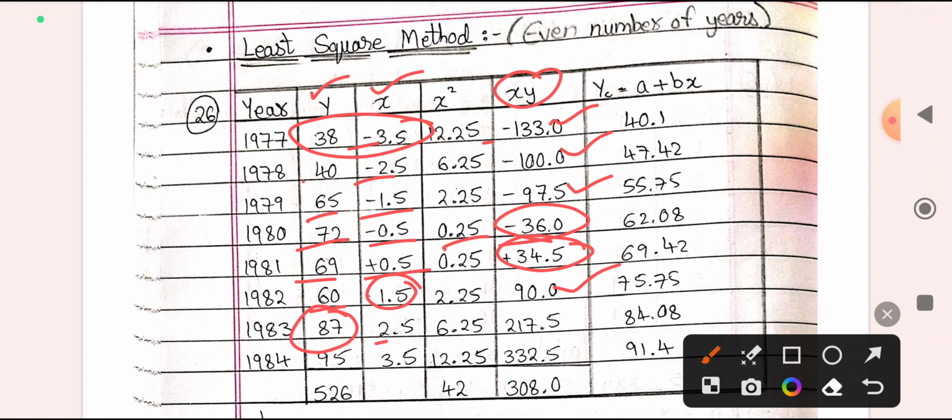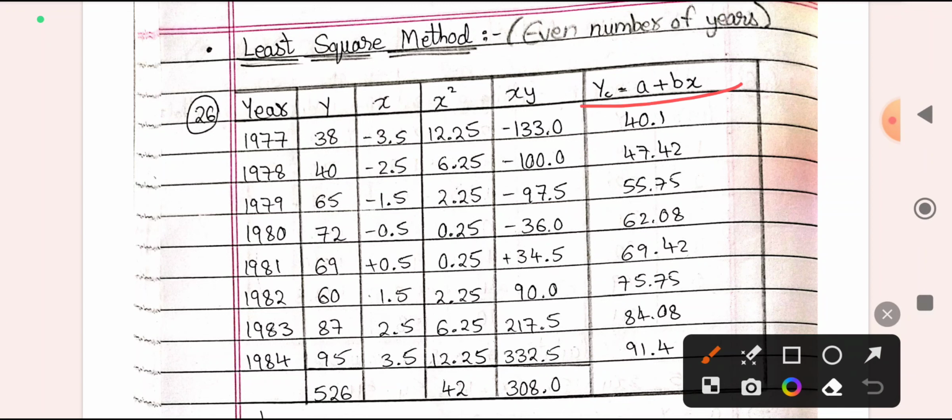Then 87 into 2.5, 217.5. 95 into 3.5, it is 332.5. Add the plus values and deduct the minus values, you will get 308. We will call it sigma xy, right?